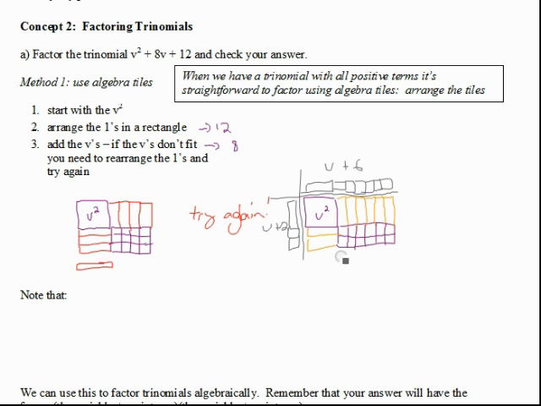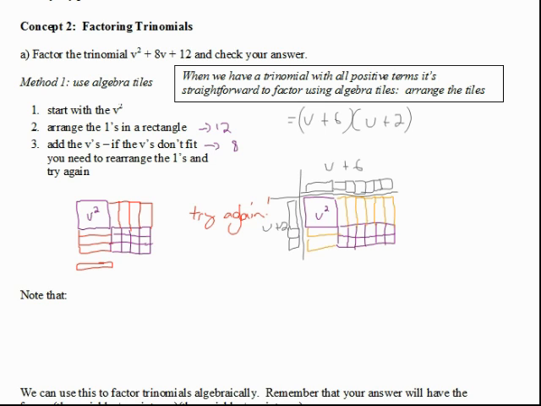So when I factor this, this equals v plus 6 times v plus 2. Okay? So that's how you factor it using algebra tiles. You just have to make it work. You just have to rearrange it until you have enough space for all of your pieces to fit in.